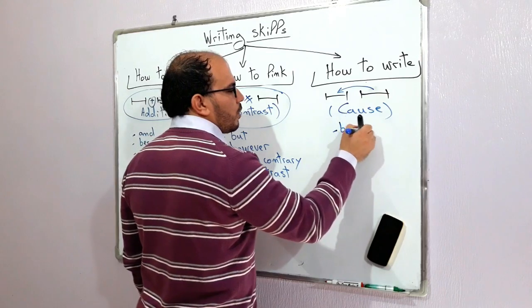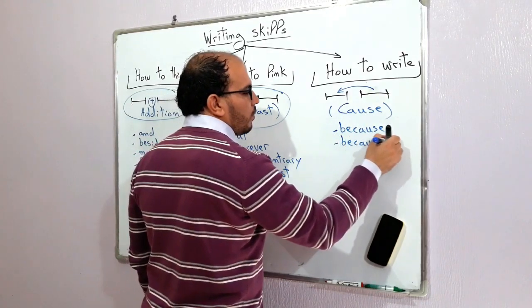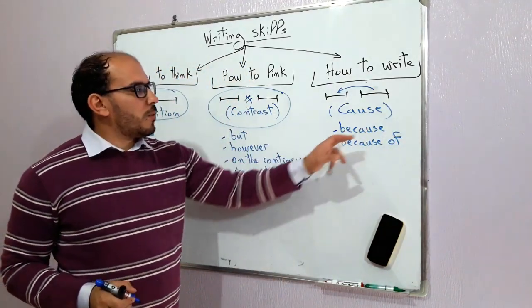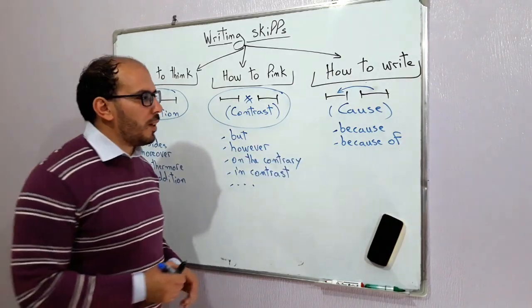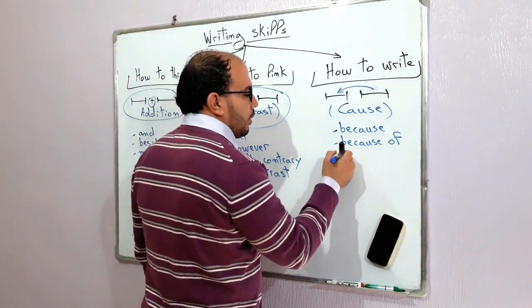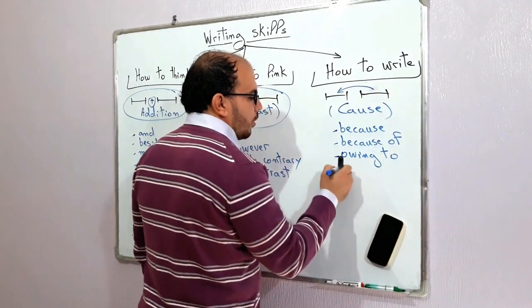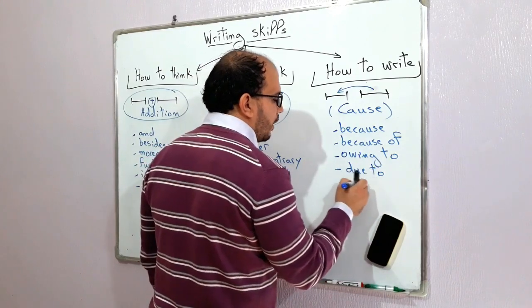We have because, we have because of, and the difference between because and because of is that because is followed by subject and because of is followed by verb ing or noun. We have also owing to, we have also due to, and others.